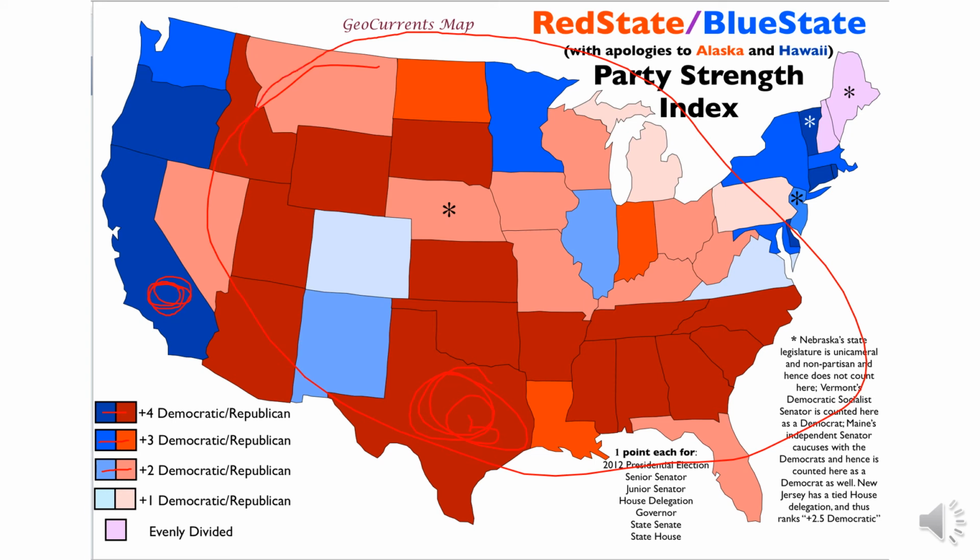This is the 2012 Party Strength Index map. Which means that it shows where the Democrats have strongholds, where the Republicans have strongholds, where they're kind of fighting, like this would be evenly divided.